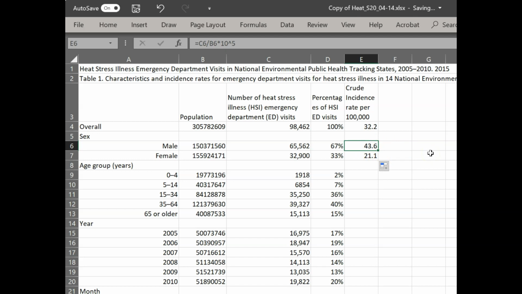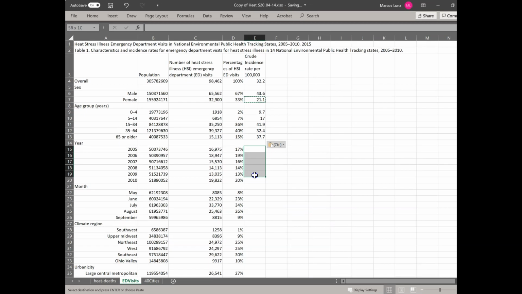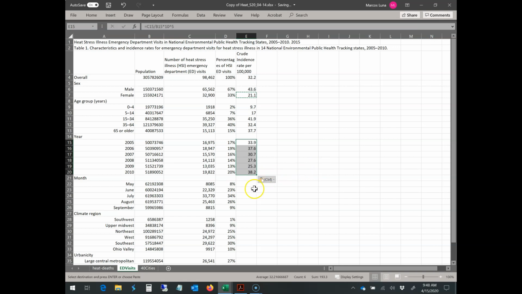Males have a much higher crude incidence rate, and so we could say they have a higher risk of ending up in the emergency department, right? It's not just that there's more of them there, it actually is a higher risk. So we're going to take the rest of these and copy these formulas down to the remaining groups. And what we should be paying attention to is how these compare.